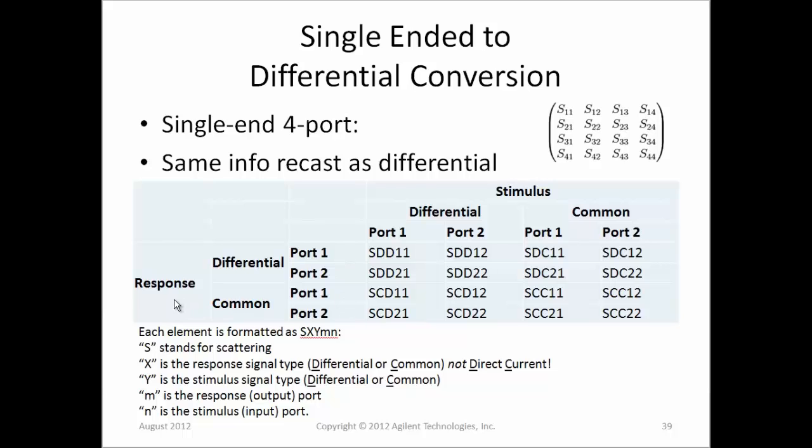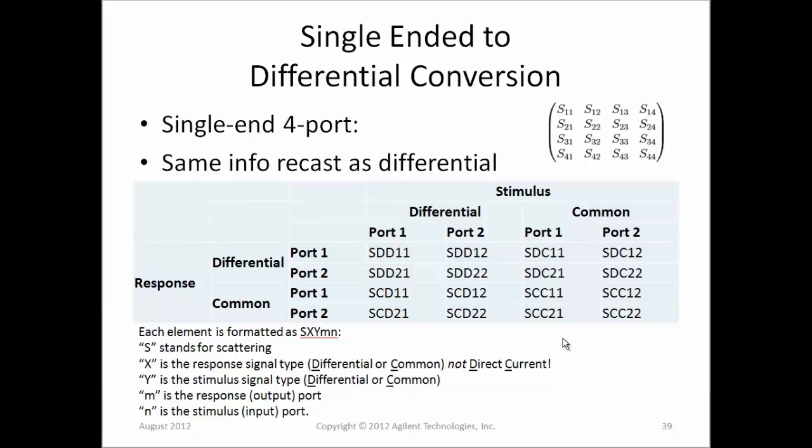And then the second parameter becomes a response, either differential or common mode, depending on whether the ports are going out of sync or in sync. And that again will give you these 16 parameters. You don't simplify things, you actually have the same number of parameters. You can just recast them as these 16 parameters.